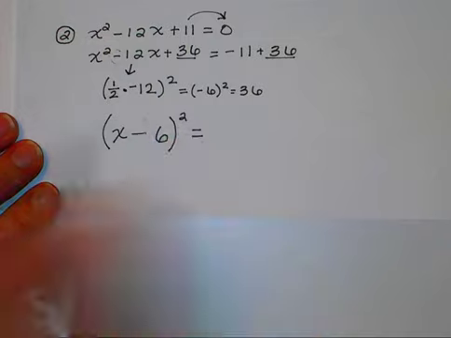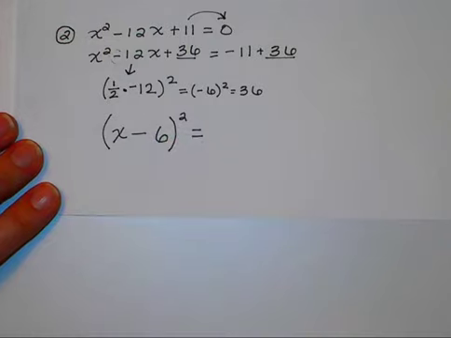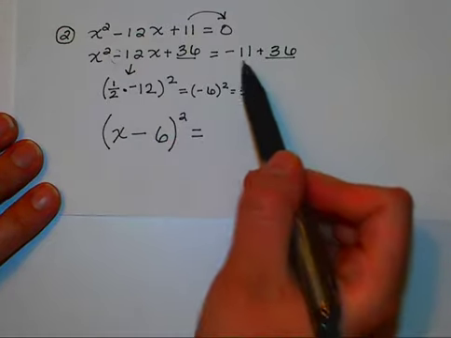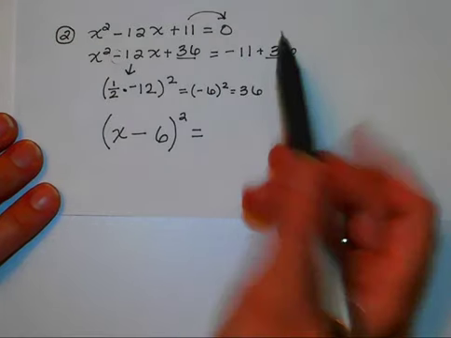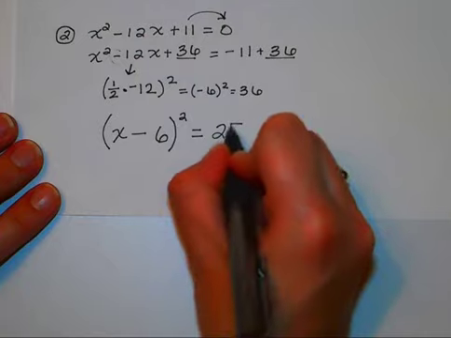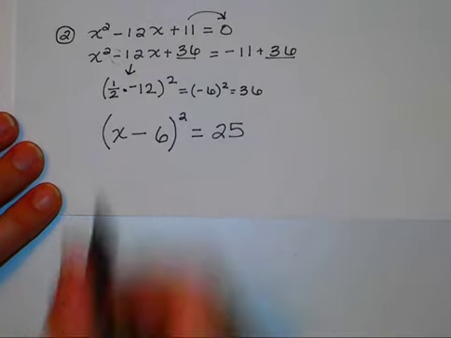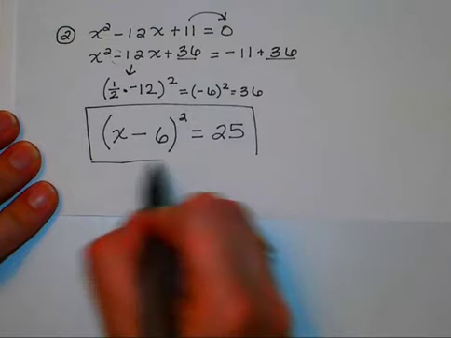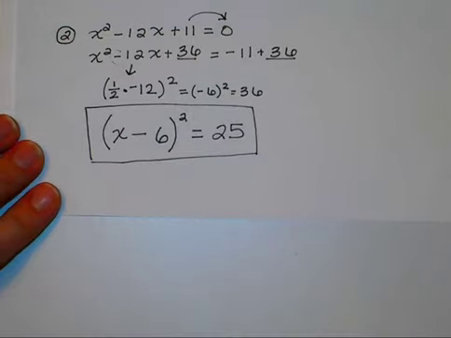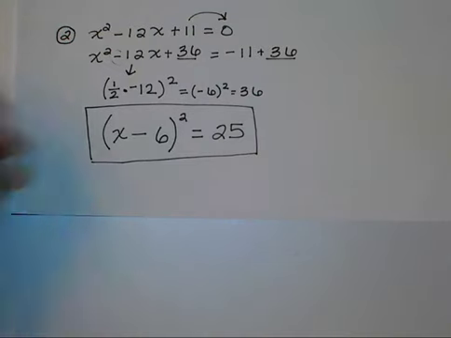This one is going to be a minus. On the right side of our equation, combine like terms. So negative 11 plus 36 is 25. So we have completed the square, turned our equation into a perfect square trinomial, and then factored it. This is exactly the process we do when we're writing the equation of a circle, but we do it twice, once for all of the x terms and once for each of the y terms.